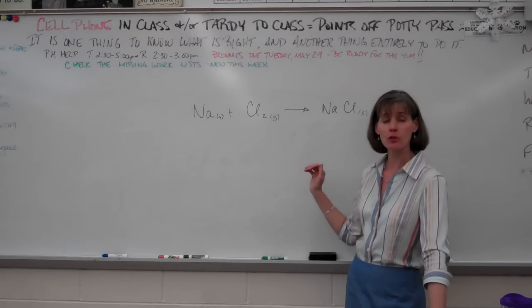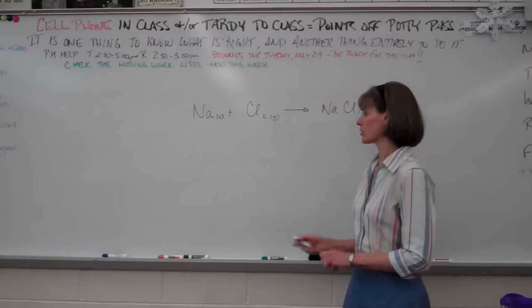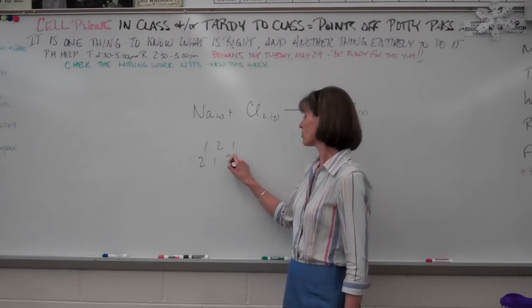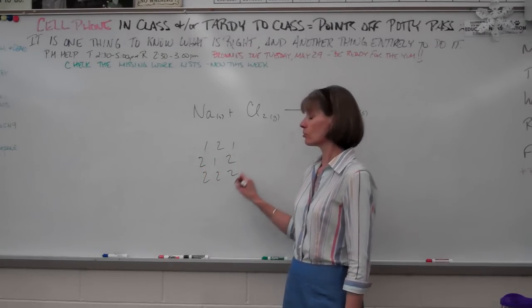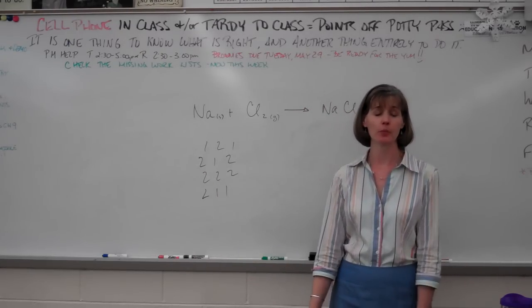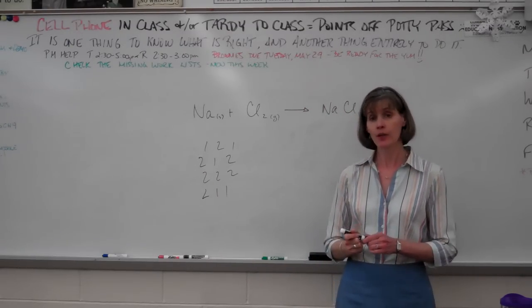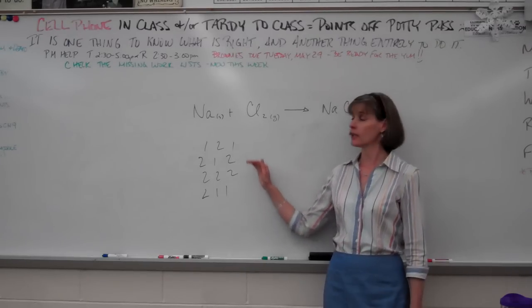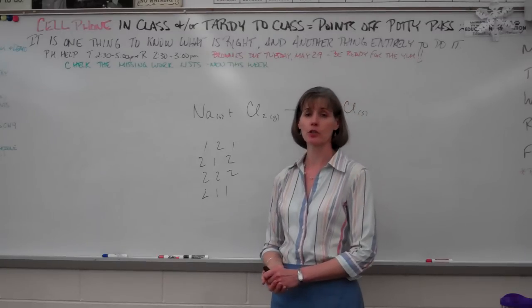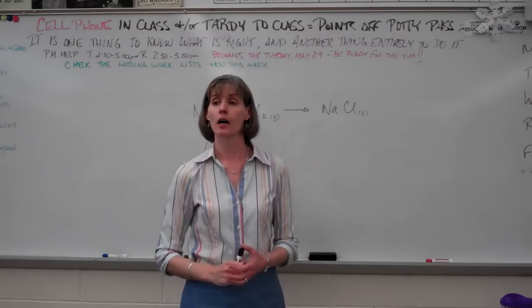So here's a skeleton equation. What set of coefficients would balance it? 1, 2, 1, or 2, 1, 2, or 2, 2, 2, or 2, 1, 1, or any of a number of other combinations. Okay? So this should be pretty straightforward. If you can count and tally your atoms, which I know you can do because I've been watching you do that for 2 weeks now, I think you'll be fine.